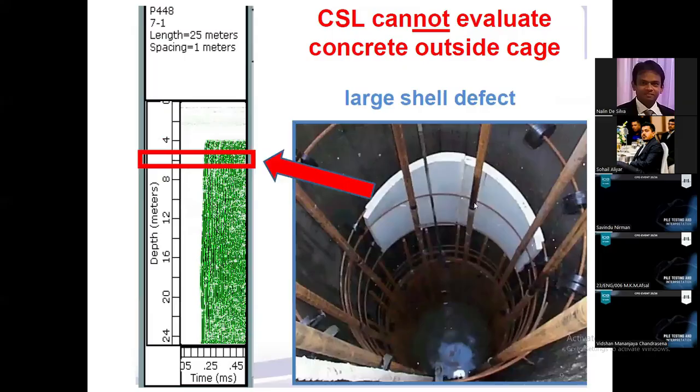So to give you an idea about the limitation of the cross-hole sonic logging test, let me explain a test conducted using this cross-hole sonic logging test. So here you can see CSL tubes.